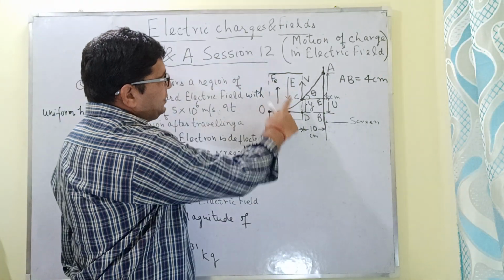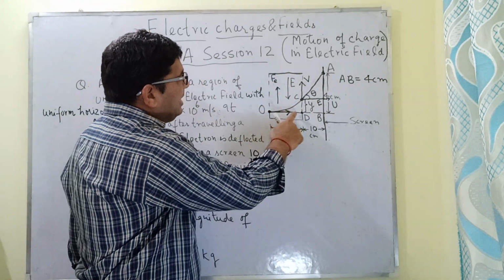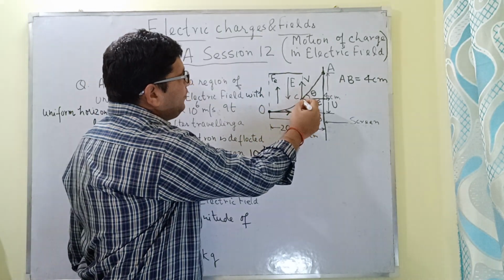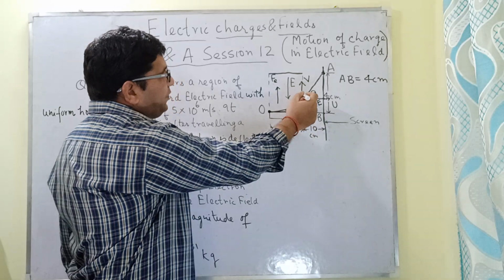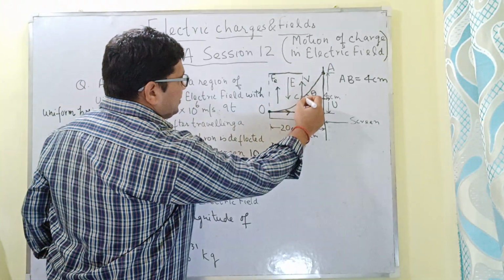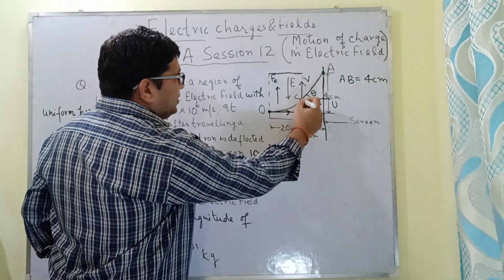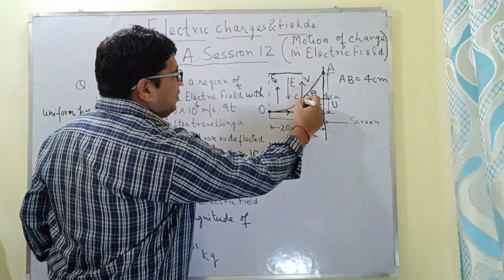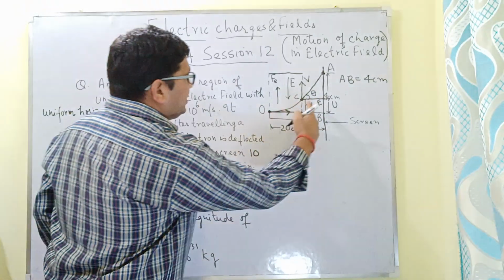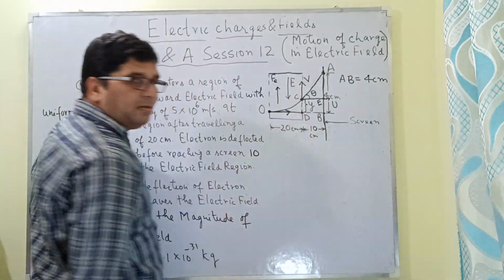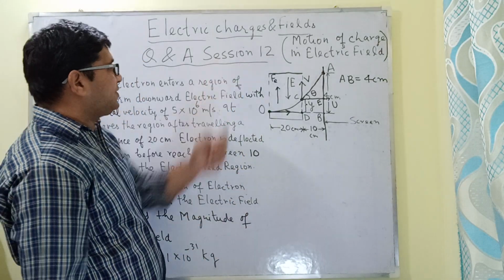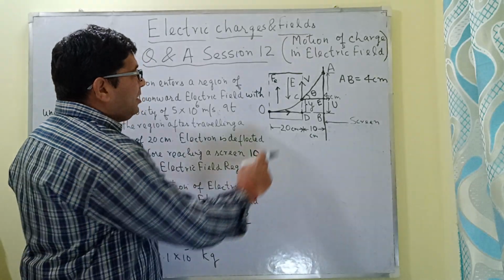Because of this electrostatic force, the electron will get deflected and exit this field at point C. The path OC, the motion of the electron, will be parabolic. We have already studied this in the previous session, session number 11.